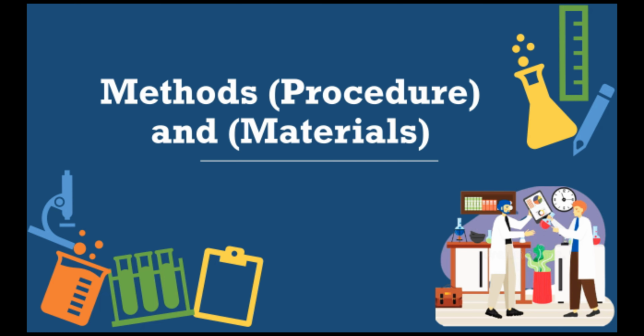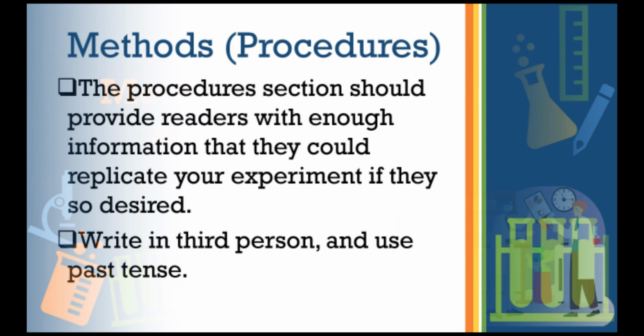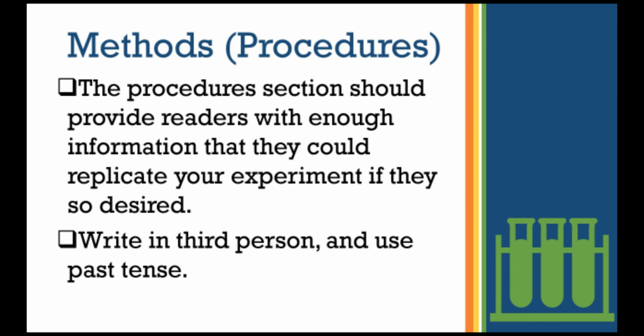The fourth part of a laboratory report is methods, procedure, and materials. The methods or procedure section should provide readers with enough information that they could replicate your experiment if they so desired. Write in third person and use past tense.